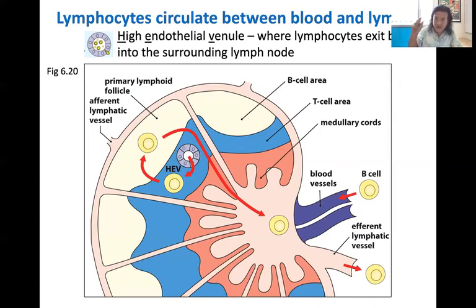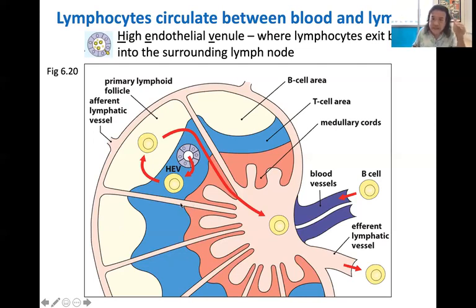or HEV. The cells that make up the wall of this HEV have special signaling molecules, special receptor-like things, where the B cell, as it passes through, interacts with those, and that's how the B cell knows, hey, I've been going through the blood, now I'm passing through a lymph node, because the wall of the blood vessels has these things that now I can attach to, and the B cell will squeeze its way out of the blood and enter the tissue of the lymph node.